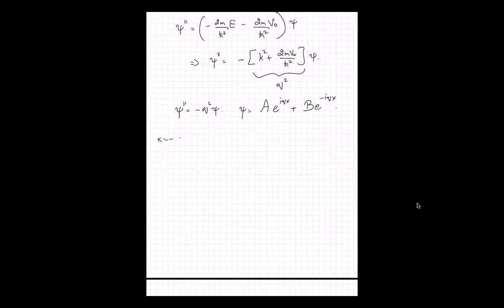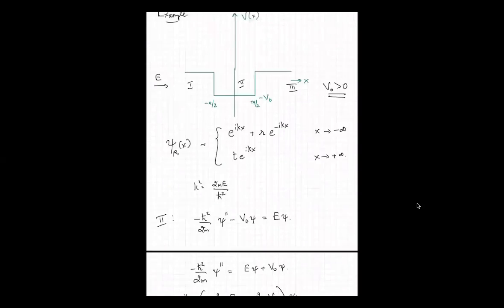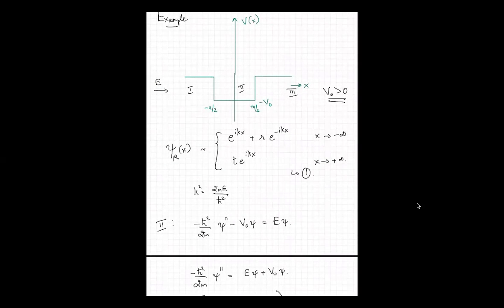So if you look at the boundary at x equals minus a over 2, I have to match this solution, which I will call equation 2, with this solution, which I will call equation 1, as applied to the x equals minus infinity case.